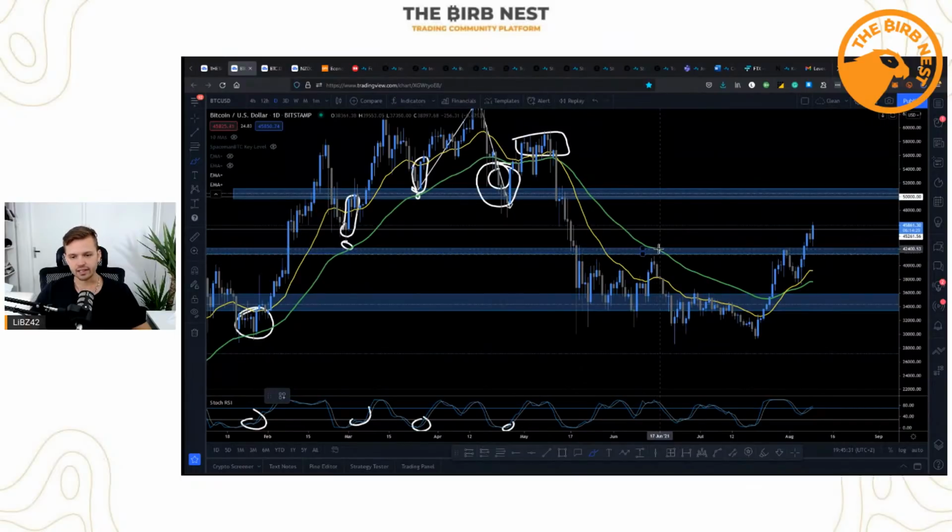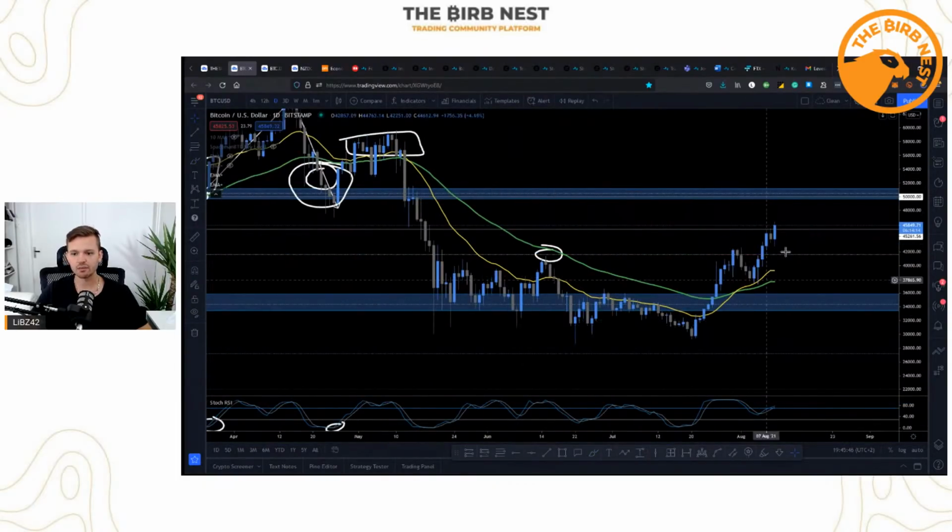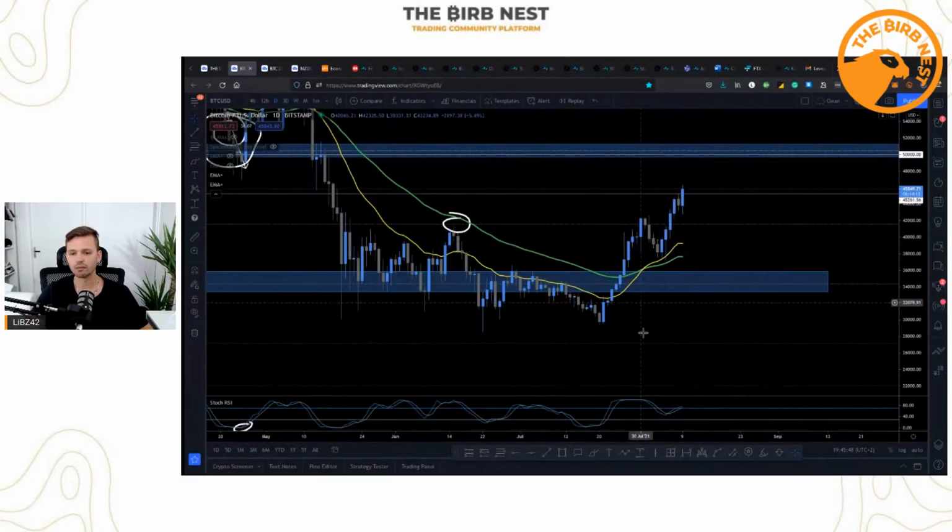You're hitting not exactly the daily 50 EMA, but the area around the daily 50 EMA. You get a strong daily bearish candle and a stochastic bear cross here, so you get the reverse. Right now we are seeing exactly the same type of scenario most likely about to play out again.